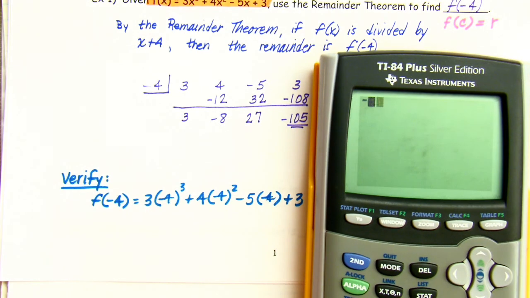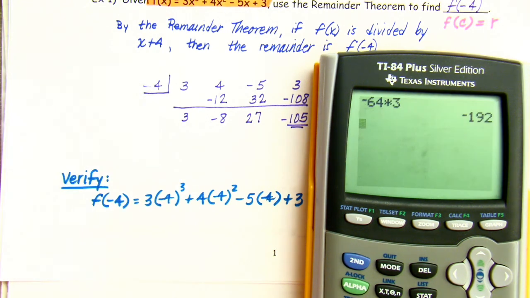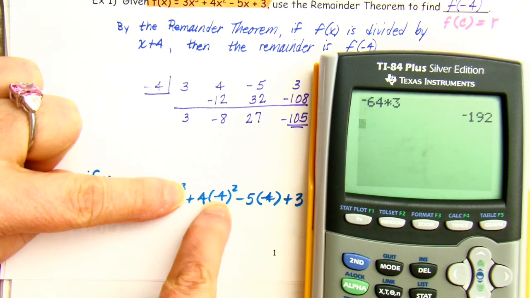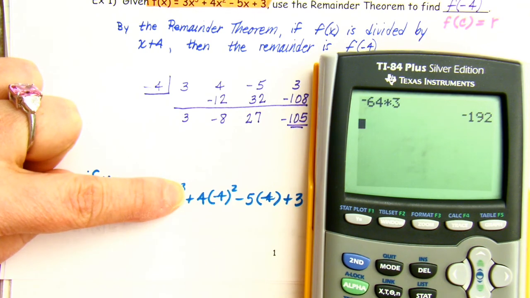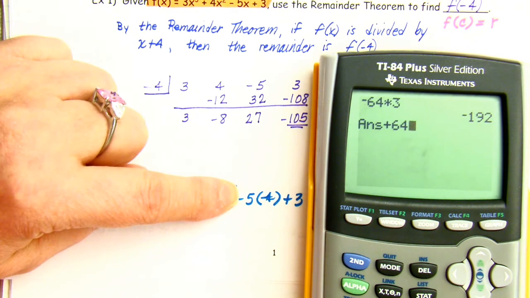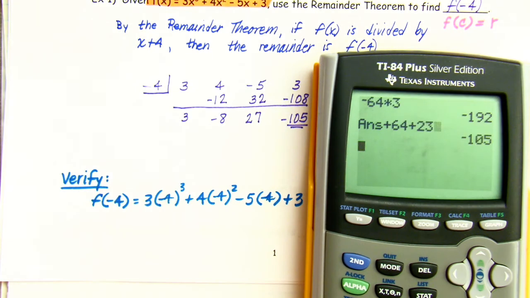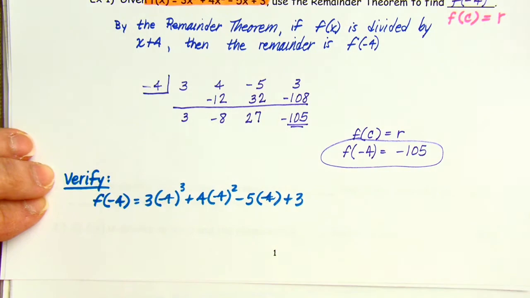Negative 64 times 3. This here, negative 4 squared is positive 16 times 4 is 64. Plus 64. Plus 20, plus 3. Or plus 23. Oh, look at that. Negative 105. Negative 105.